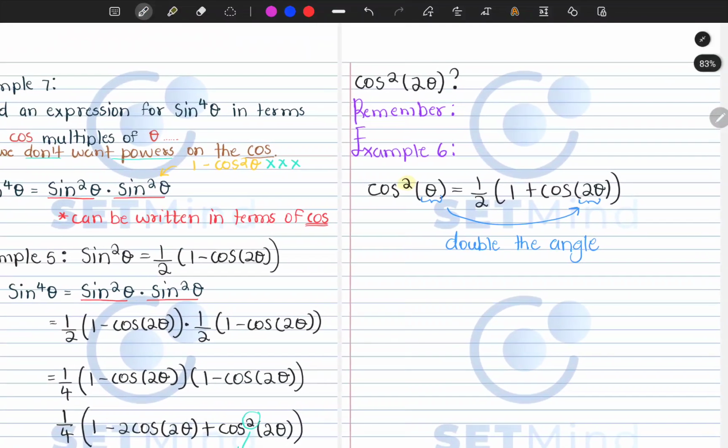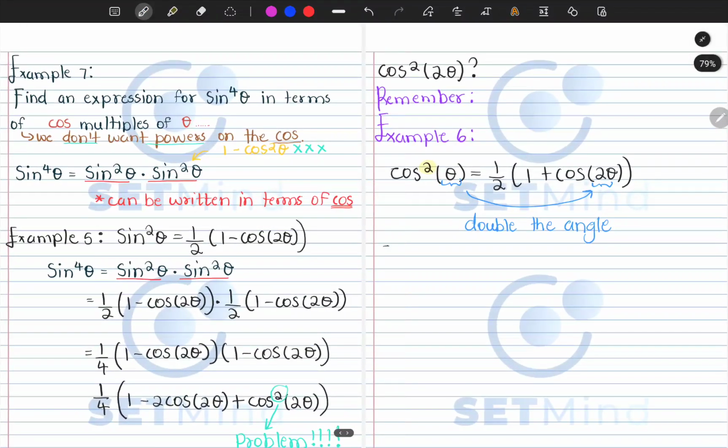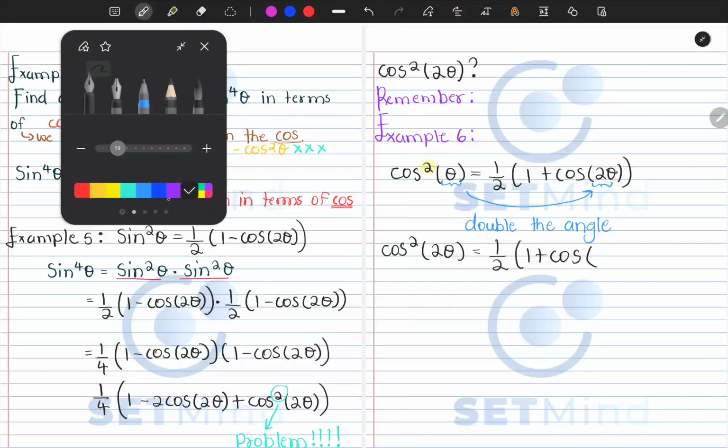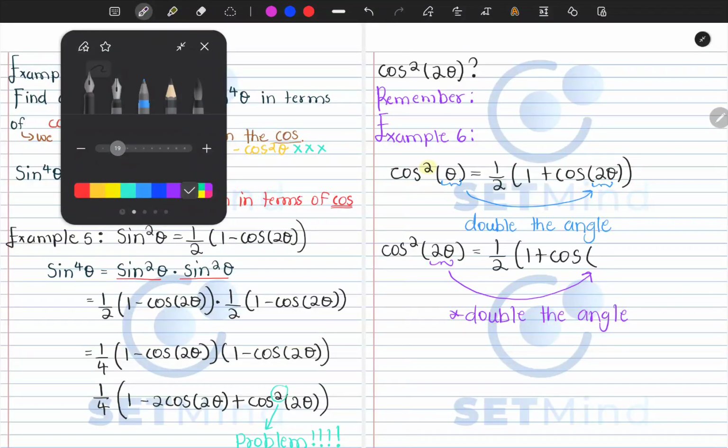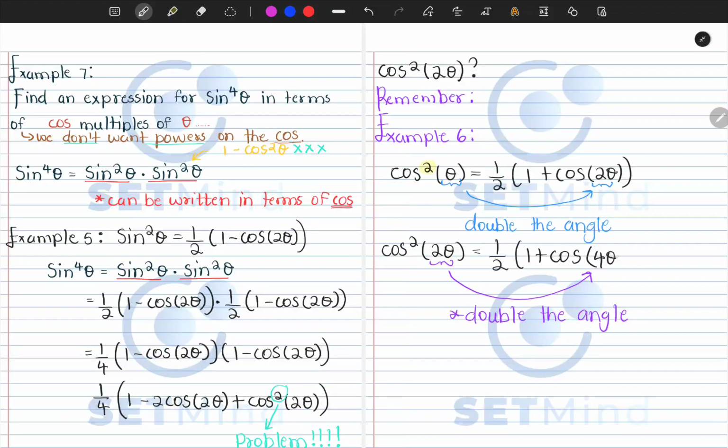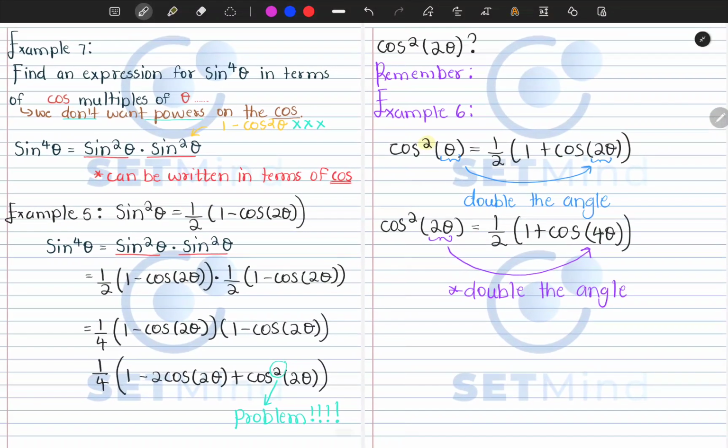It means that this cos squared of 2 theta here will actually be 1 over 2 into 1 plus cos of, now I need to double this angle, as we did with the other one. And when you double 2 theta, what we get is 4 theta.